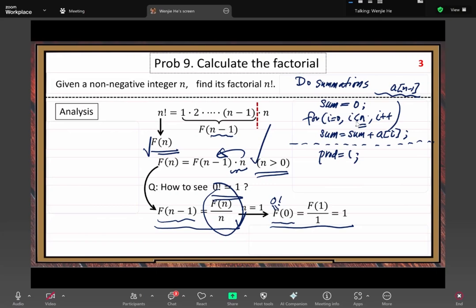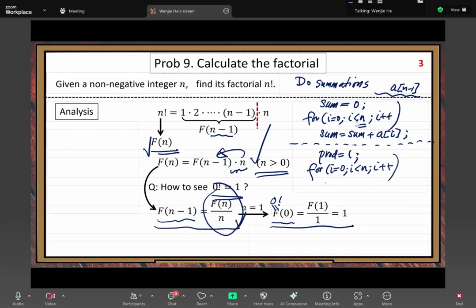Next, we implement this for loop, with plus plus.